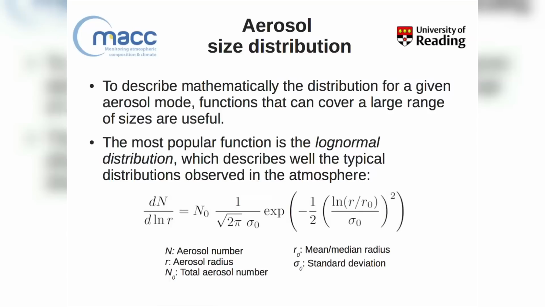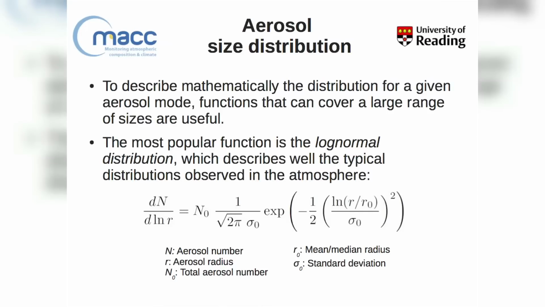Mathematically, this is what it looks like. What matters here is that it takes three parameters. The first one is the total number, that's the total number of particles that you want to distribute across a range of sizes. The second parameter is the mean radius.